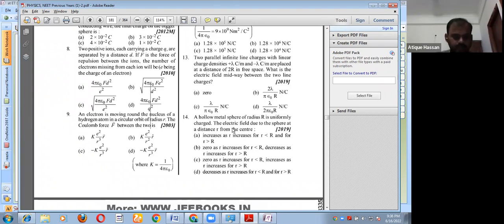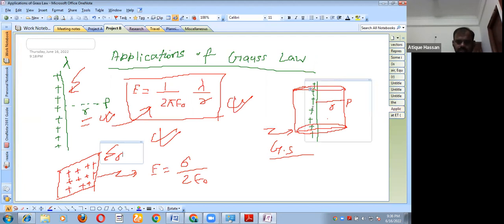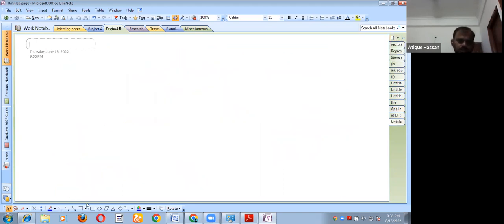And if you remember Gauss law correctly, we have discussed the slide of Gauss law here. Here we have found the electric field due to a line charge and due to a charge sheet. But in Gauss law, you may have also studied spherical conductors.